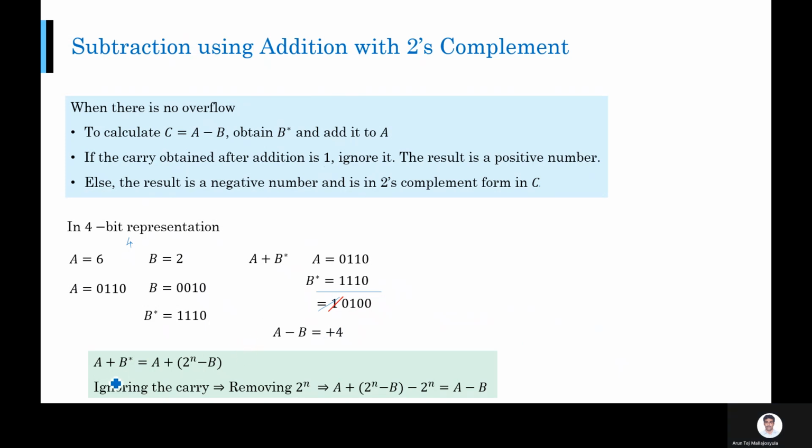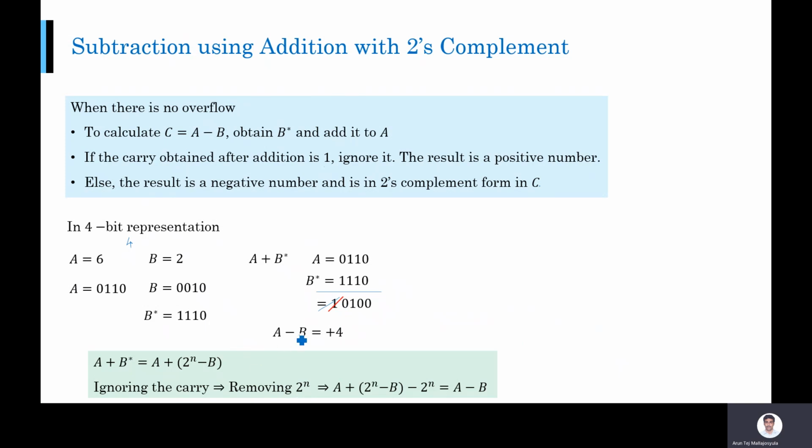So what are you doing here? See, a plus b star means a plus 2 to the power of n minus b, right? So when you ignore the carry, that means you are removing 2 to the power of n. This carry, when you are ignoring it, is nothing but 2 to the power of n.